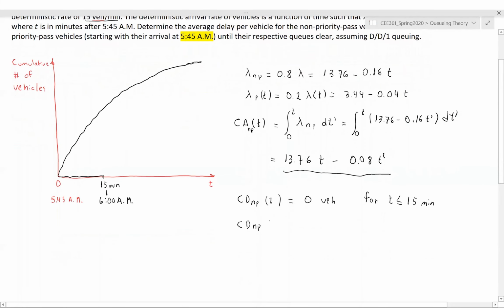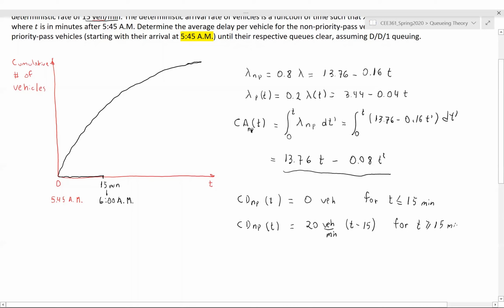For non-priority pass vehicles, the cumulative departure is 20 vehicles per minute for every additional minute beyond that point. That's the function you have to write, for t greater than or equal to 50 minutes.